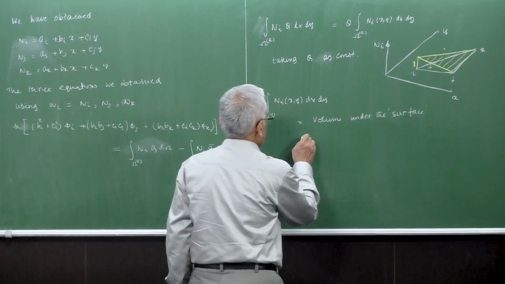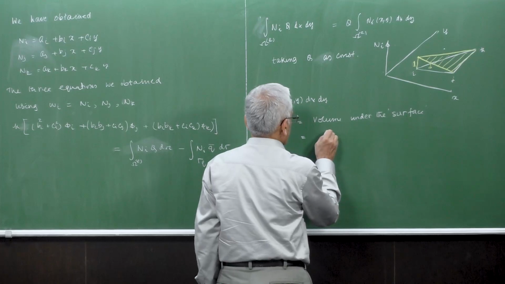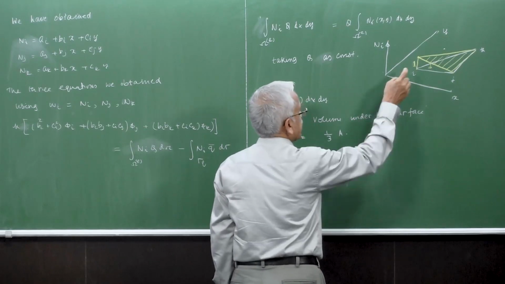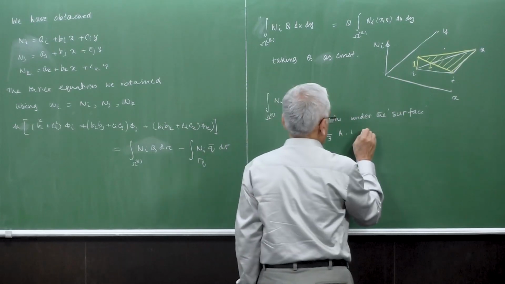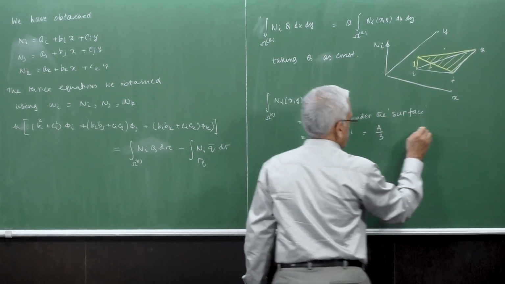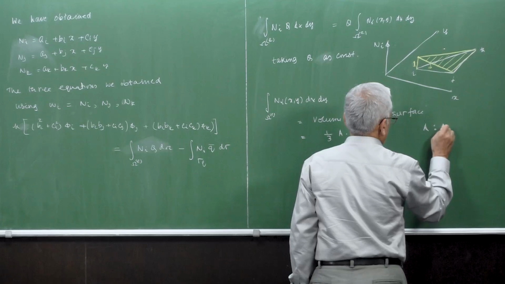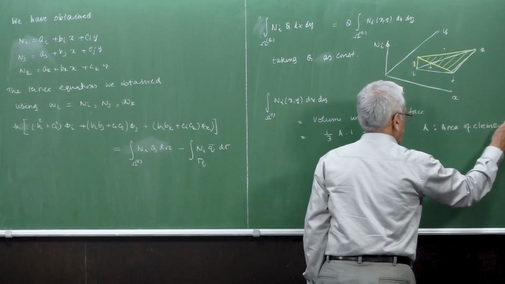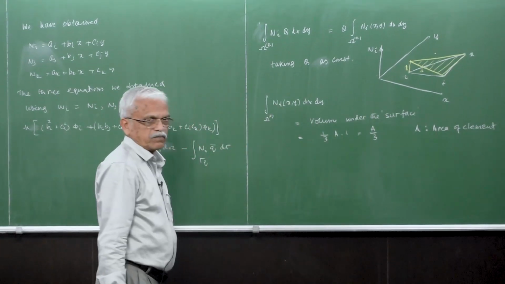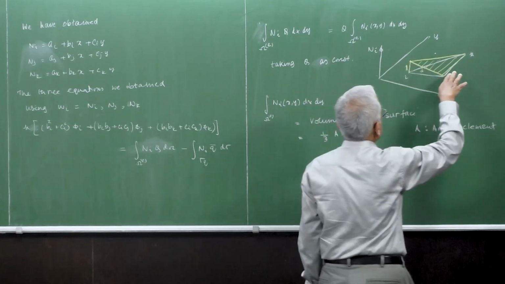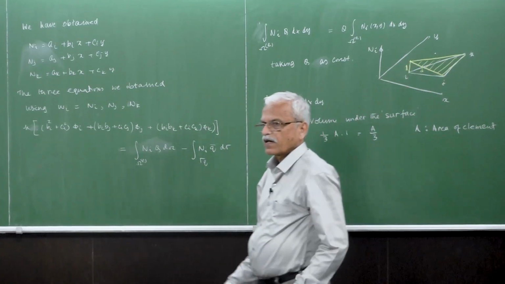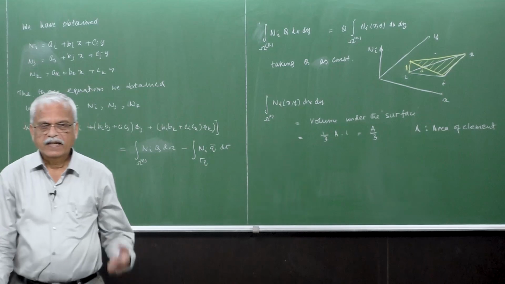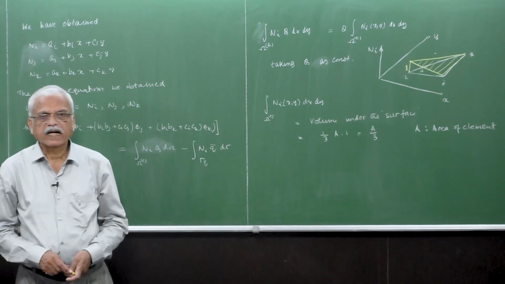So we know that anytime you have this kind of thing, it is nothing but 1/3 of the area multiplied by the height h here, which is 1, where A is the area. This is just like a cone, for example. If you have a cone, then the volume of the cone is 1/3 times the area of the base multiplied by the height of the cone, right?